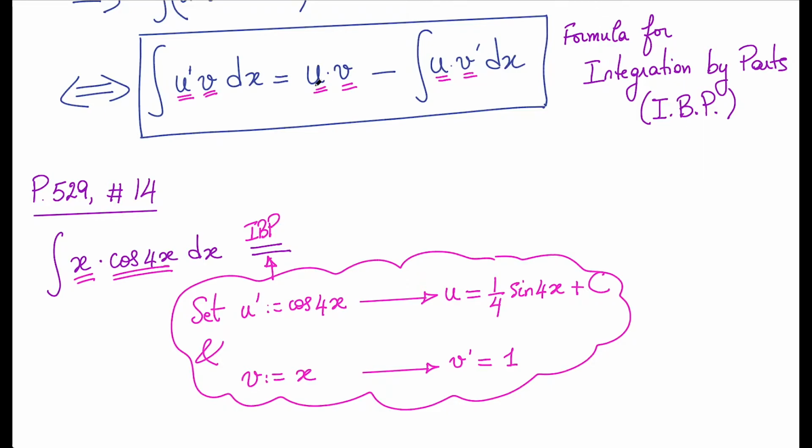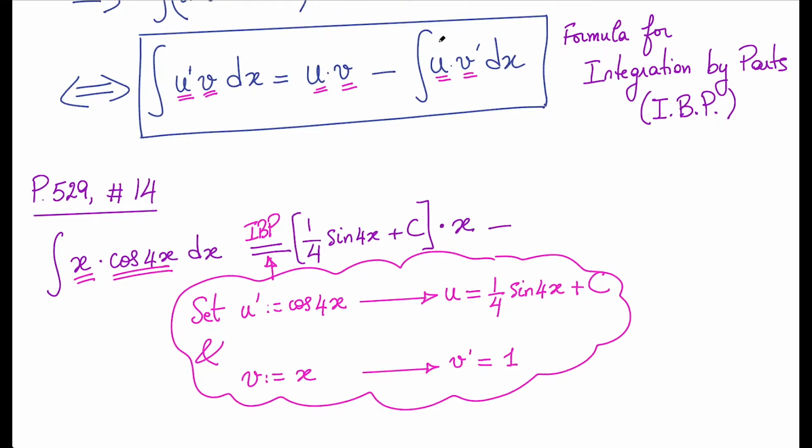Okay, so what do we get? We get uv, right? The integral of u prime v dx, this is u prime, this is v, is equal to uv, and what's u? U is this entity, 1 over 4 sine 4x plus c, times the v, and who's the v? It's the x, correct?